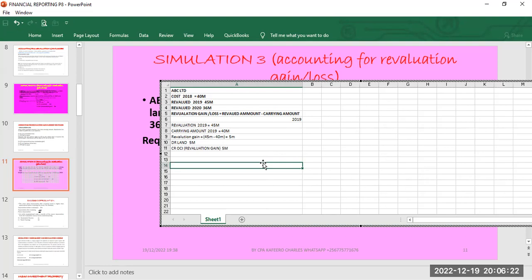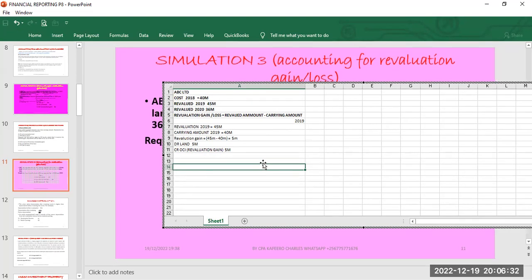But for a revaluation gain, when it happens, we can create a revaluation reserve or a revaluation gain account. And this figure of 5 million will be taken as a revaluation reserve in the balance sheet. So I'm going to show you how we do that. This revaluation gain is supposed to be taken to the balance sheet as a revaluation reserve.